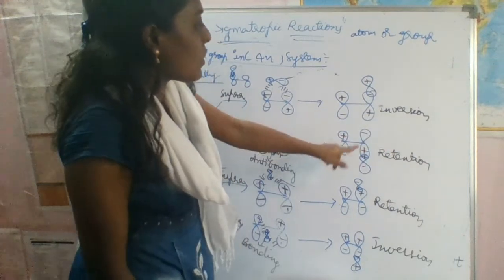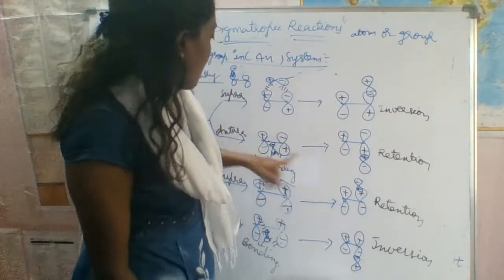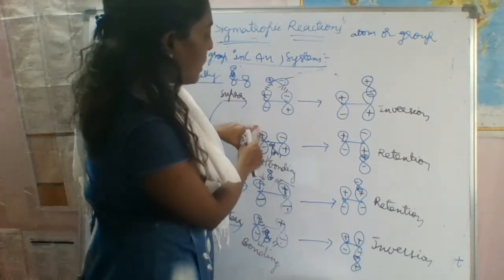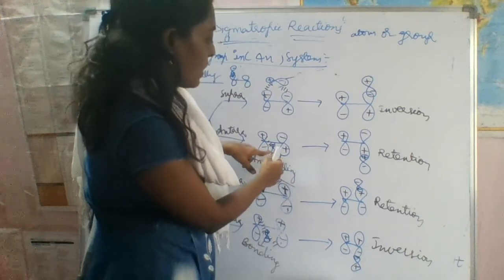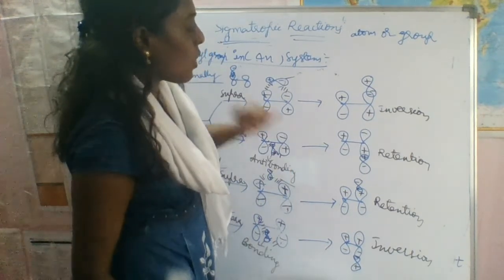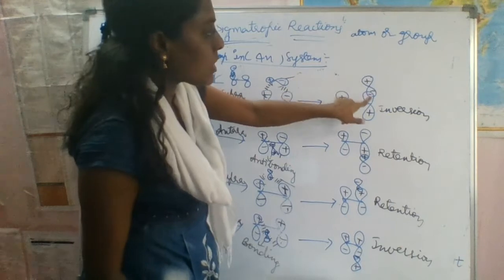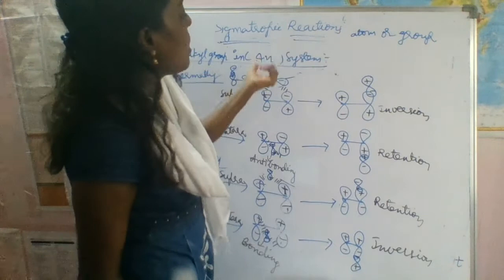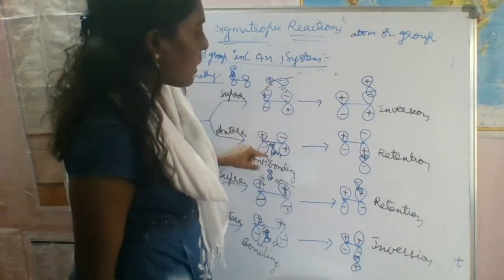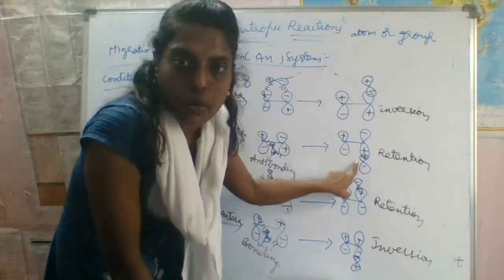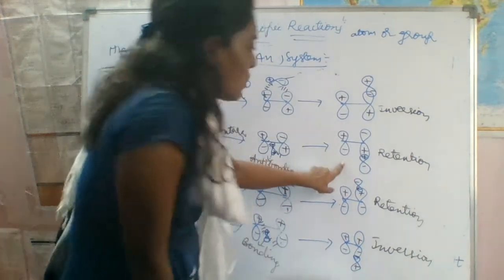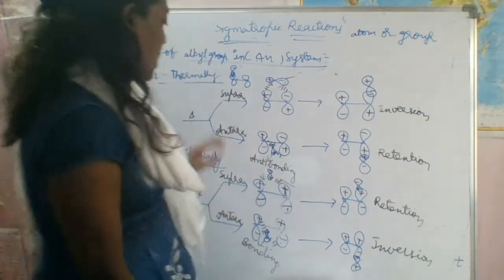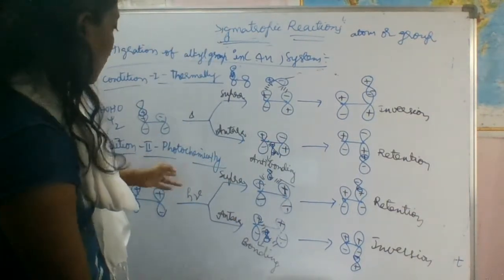Here this group is migrated towards this one with this plus, so inversion has taken place, and we have to shift this in backward, but it will attack in this retention mode. So that's why this configuration is said to be retention, like that in condition 2, photochemically.